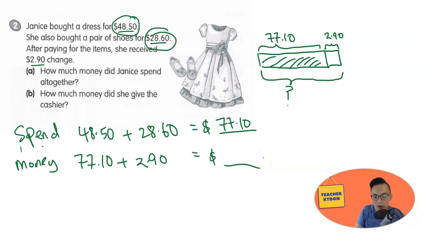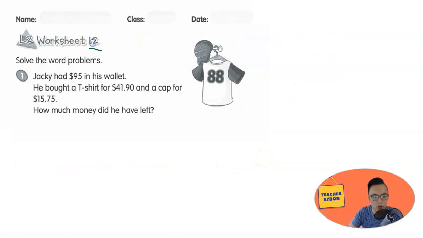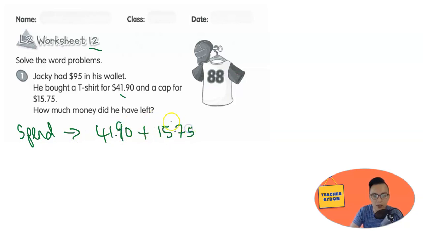All right. So we are at worksheet 12. Solve the following word problems. He had $95 in his wallet, bought a t-shirt and a cap for this. How much money does he have left? So you need to add up how much did he spend altogether. All right. So he spent $41.90 plus $15.75.